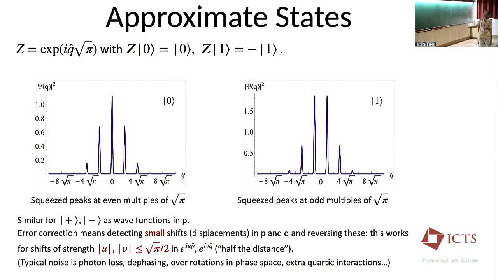But for finite energy, I can only have finite support in phase space for both 0 and 1. And if I Fourier transform these wave functions and look at their support in momentum space, they also have to have finite support.